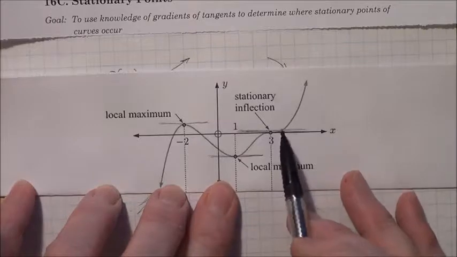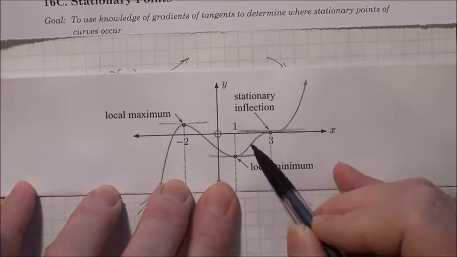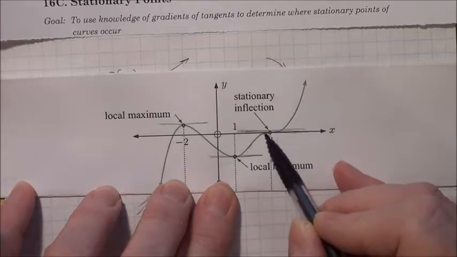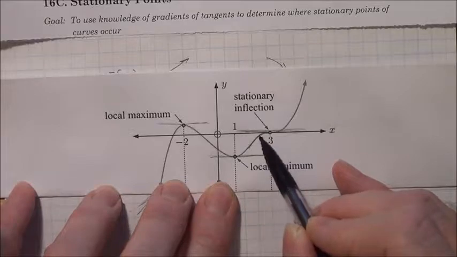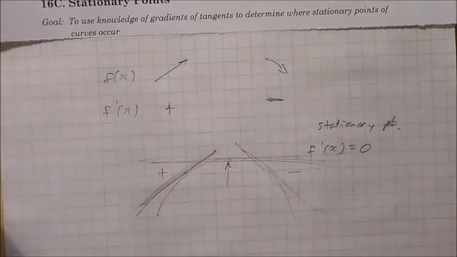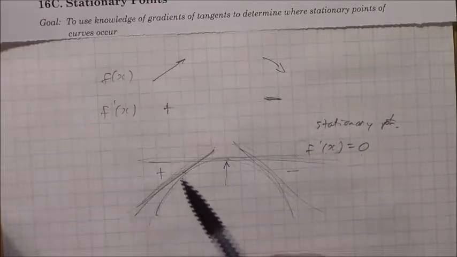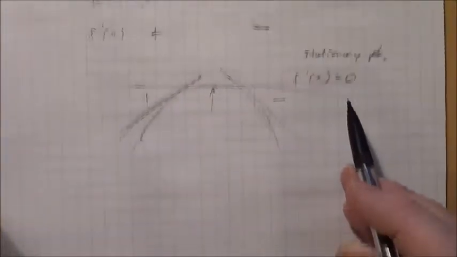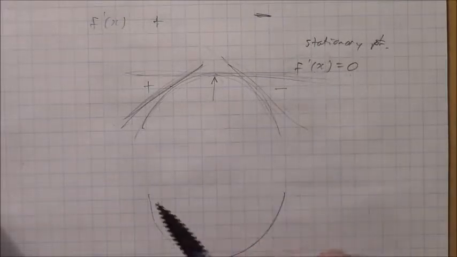And the stationary inflection point, well, first of all, an inflection point is where the concavity of the curve changes. Here it's concave down. Concave down would be something like this. Concave up would be if the curve is like that. So it's opening up or opening down.